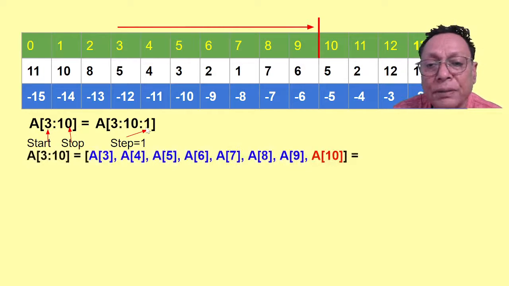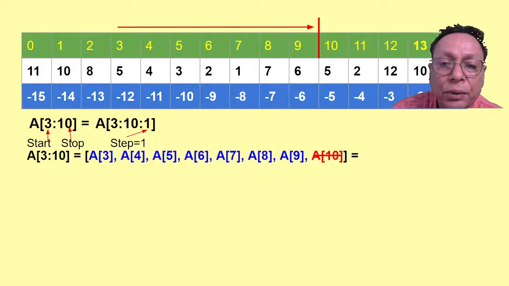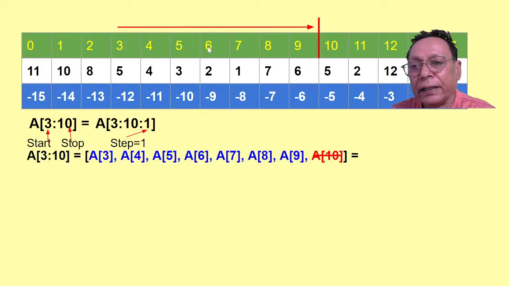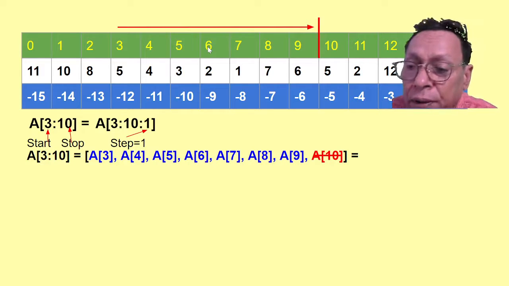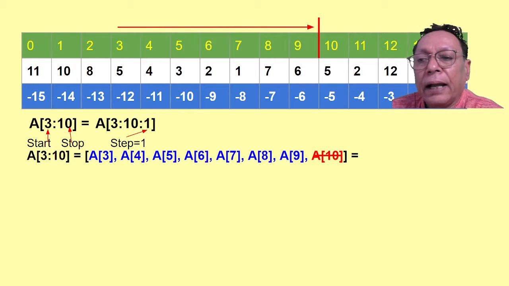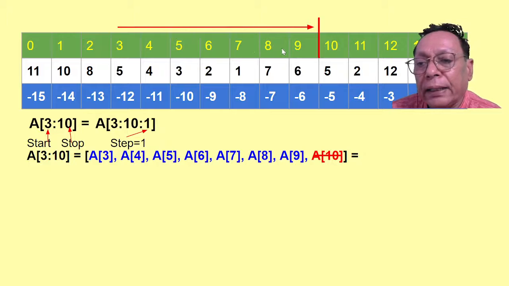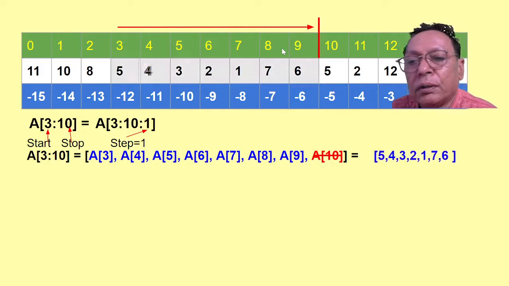In this case, it will include A3, A4, A5, A6, A7, A8, A9, and it will exclude A10. That is why your slice is A3 to A9.